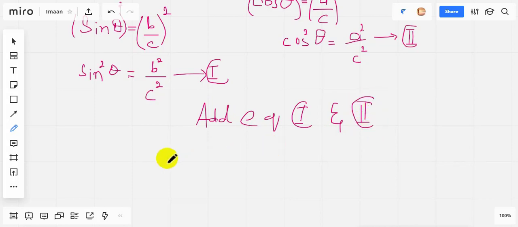That will be left side of one equation, which is sine squared theta, add cos squared theta, which is the left side of the other equation, then equals the right side of one equation, which is a squared over c squared plus right side of the other one, which is b squared over c squared.